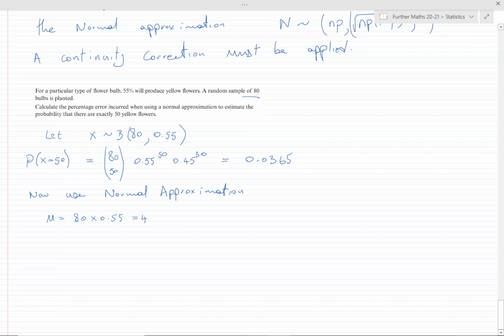And the standard deviation squared, or the variance, is equal to 80 times p, which is 0.55, times 1 minus p, which is 0.45. So that's equal to 19.8. Remember, that's the variance, not the standard deviation.